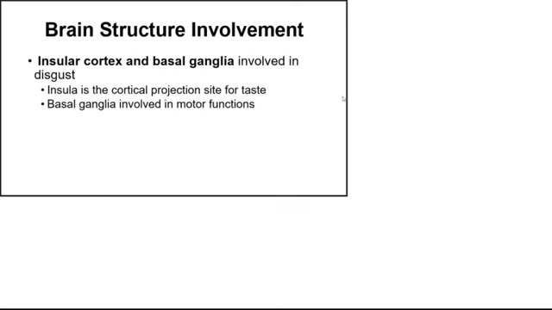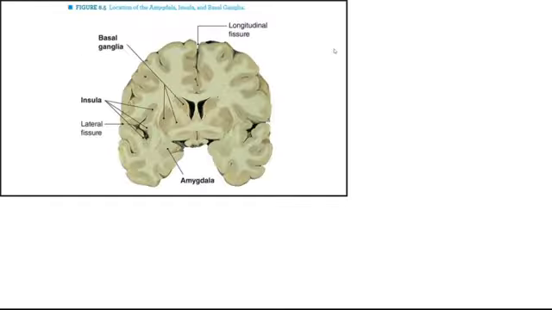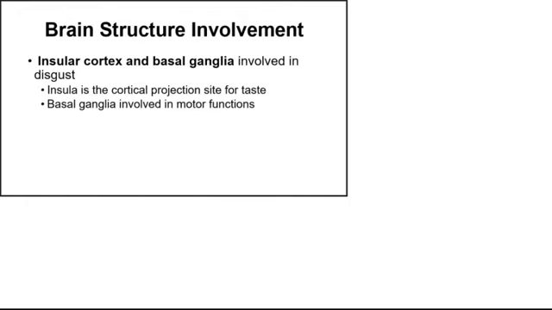Okay, so our next of our very reliable structures is to look at the insular cortex and basal ganglia. So again, we can hop back here. We can see our insula and our basal ganglia are highlighted sort of in that middle part of our brain. And these are very, very well studied, and very consistently linked to feelings of disgust.